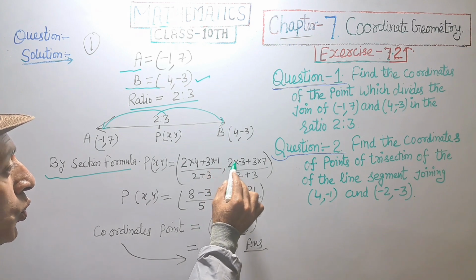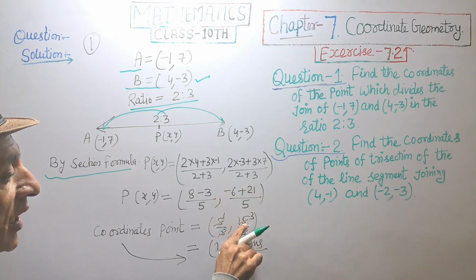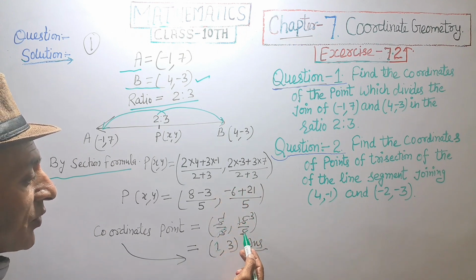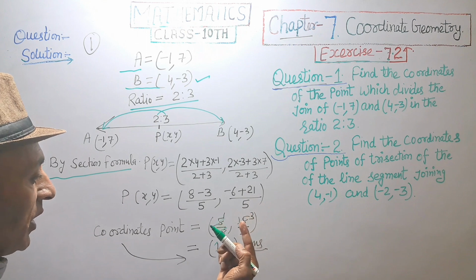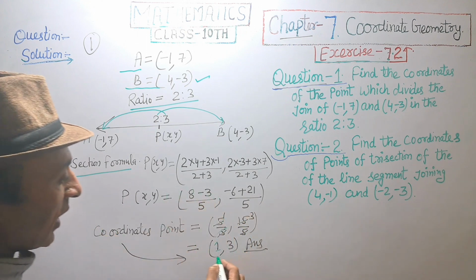So 2 3s are -6 plus 7 3s are 21, 21 minus 6 is 15, and 15 divided by 5 is 3. So the coordinates of the point are 1, 3. Answer.